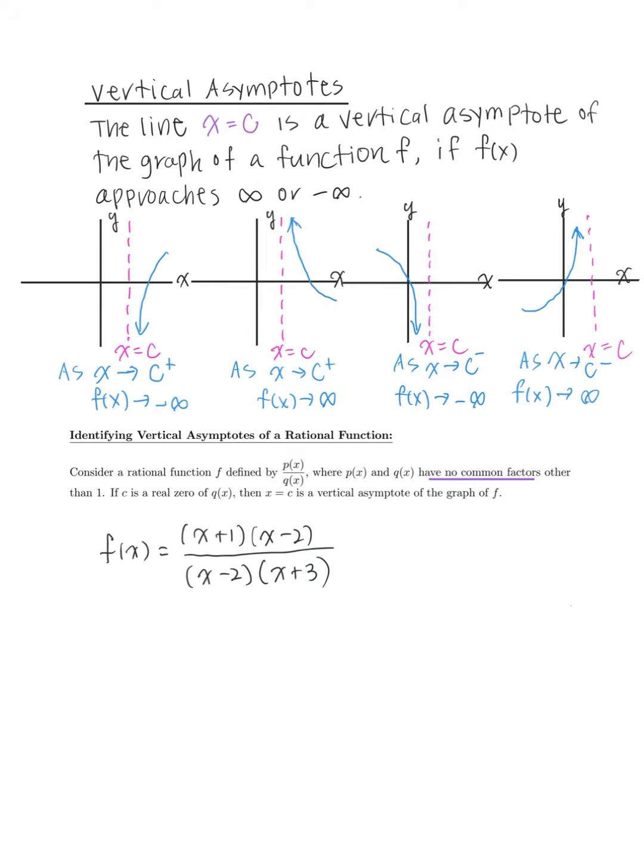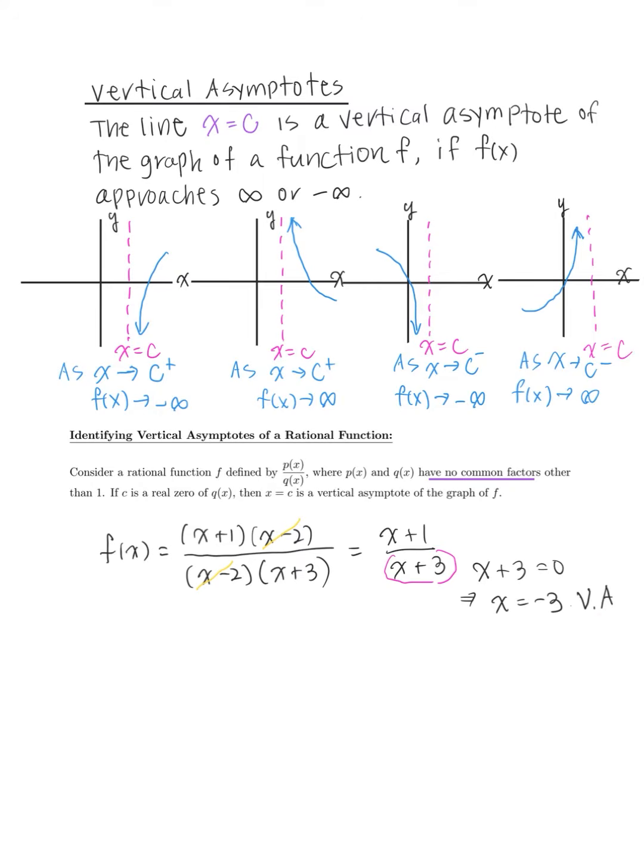In order for us to determine the vertical asymptote, you need to cancel the common factors, and then you set the denominator equal to 0, and then you solve for x. So after I simplify it, we get x plus 1 over x plus 3. Then you just set the bottom equal to 0 and solve for x, so x equals negative 3 is going to become the vertical asymptote.